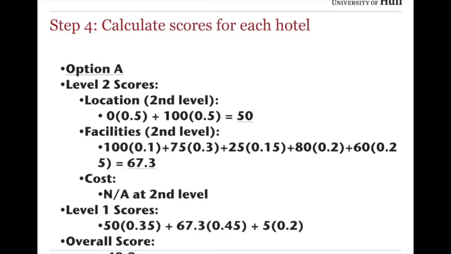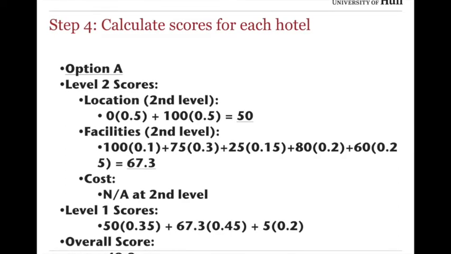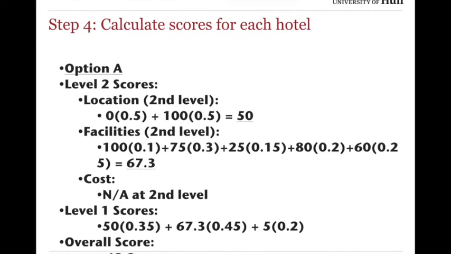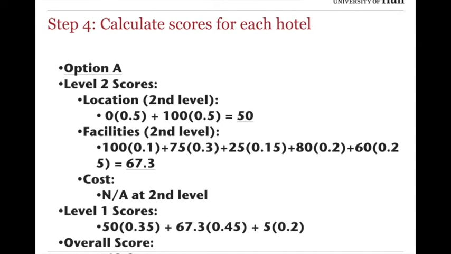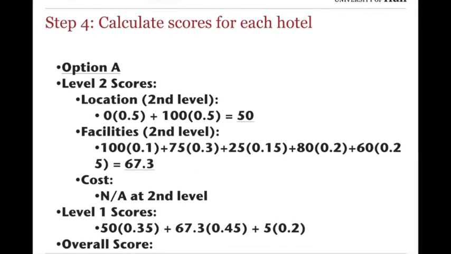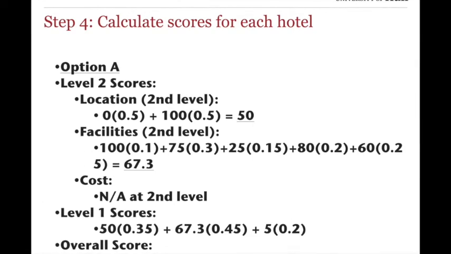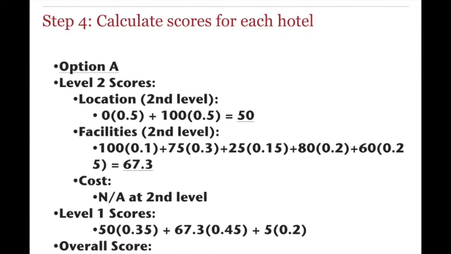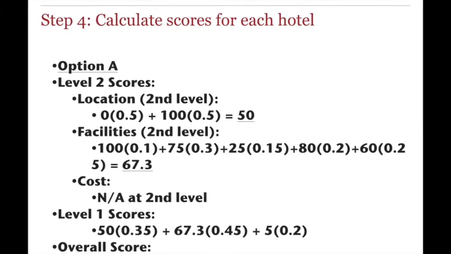Now once we've scored all of the options against all of the criteria, we can calculate an overall score for each of the options. I've just focused in on option A to show you how we do that calculation. If we remember, option A scored 0 for environment and 100 for access.